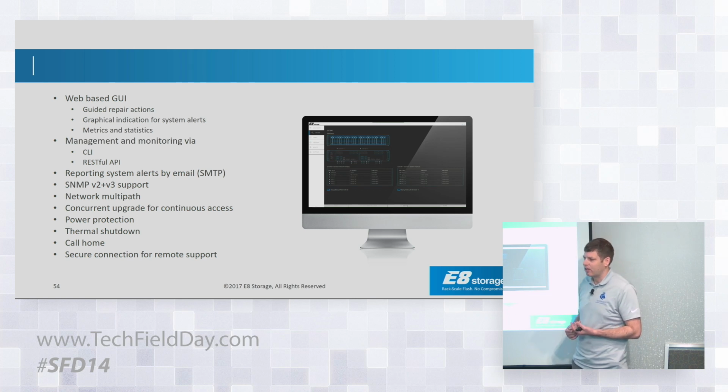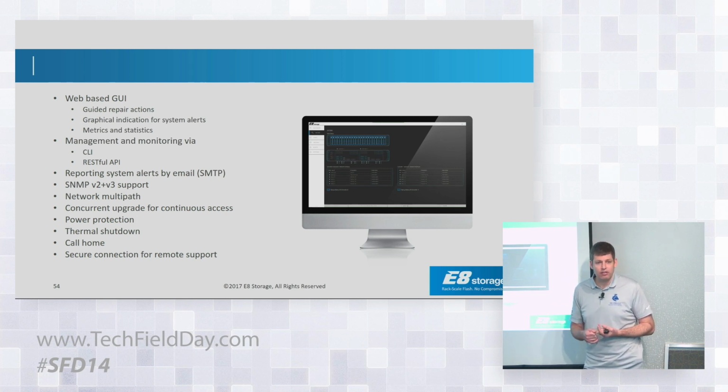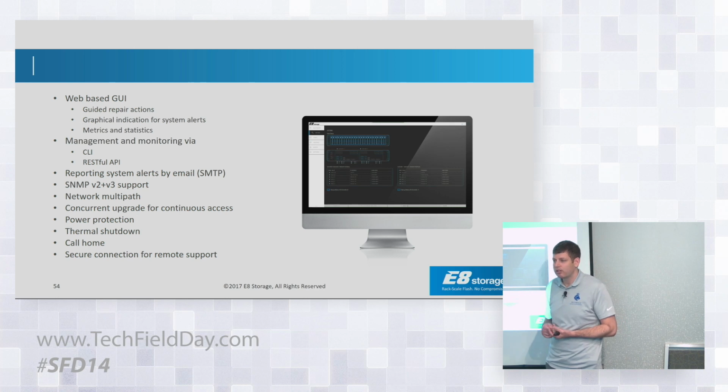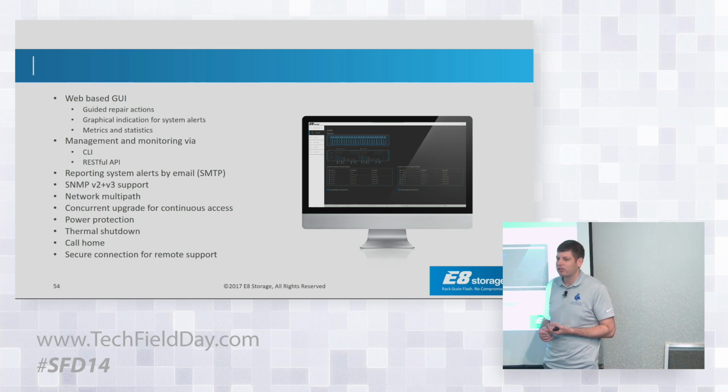We have power protection. We have thermal shutdown. We've had cases where the power was on at the customer's data center, but the air conditioning was off. Do you know what that does to the equipment? It cooks it. So we need to do a thermal shutdown. To do a thermal shutdown, you need to monitor thermal sensors. It's not enough to say sensor 7 thinks it's too hot. Maybe it is too hot for sensor 7.